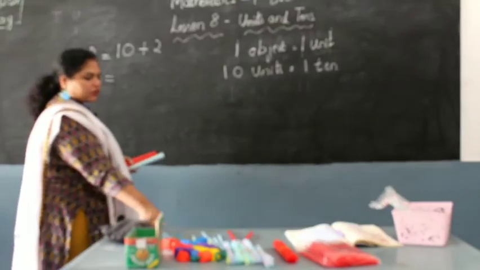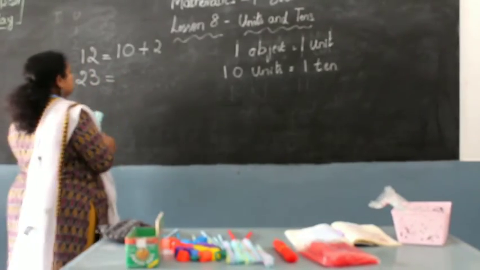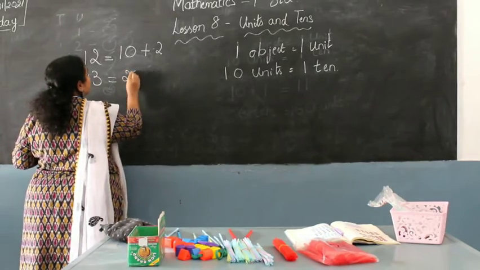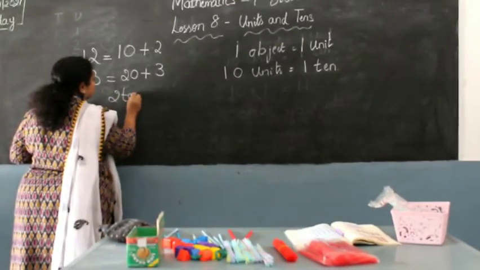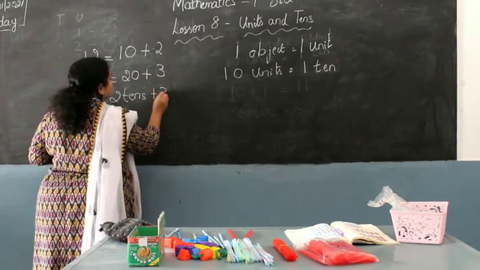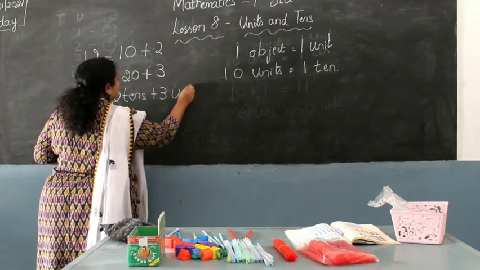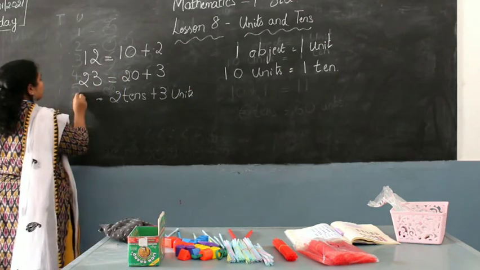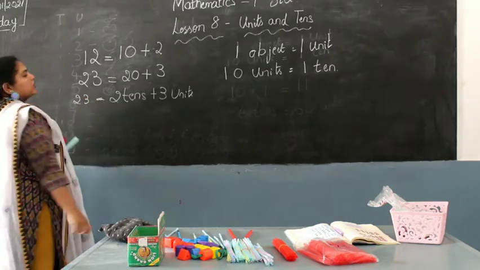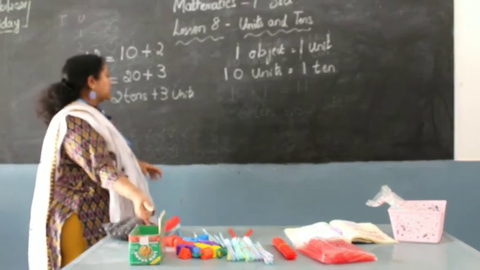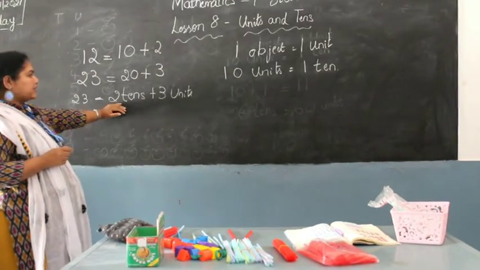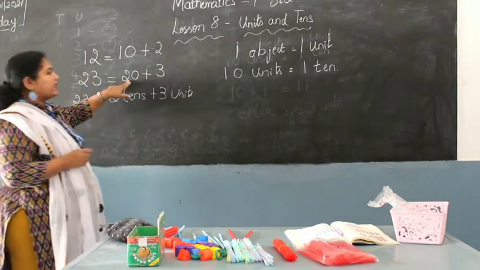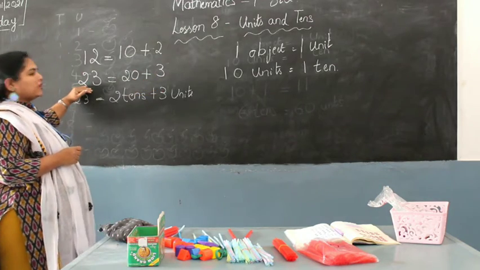Your 23 straws is nothing but 2 tens. 2 tens is 20 plus 3 units. So this is 2 tens plus 3 units is equal to 23. Did you all understand, children, how you get 23? So when you say tens and units, I have 2 tens and 3 units, which makes 20 plus 3, that's your 23.